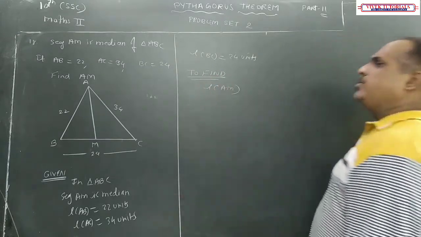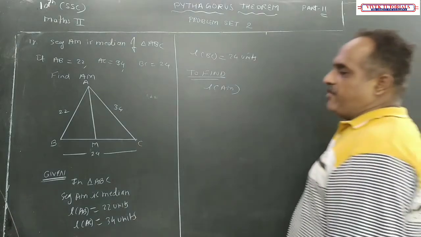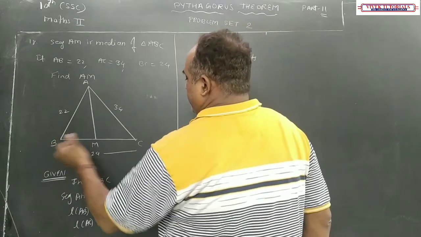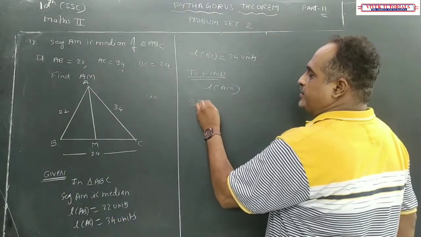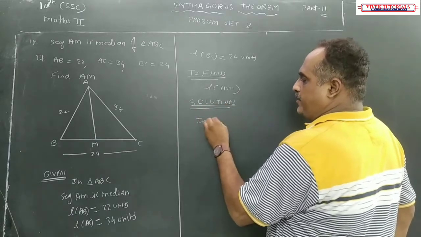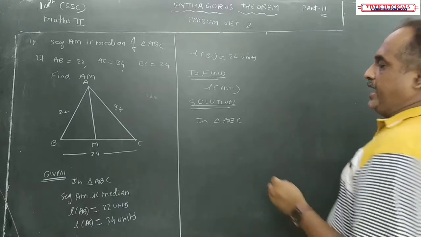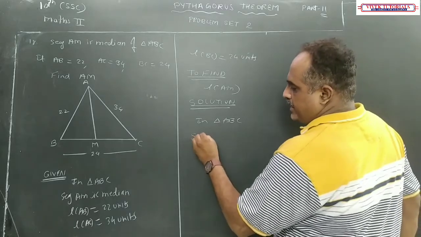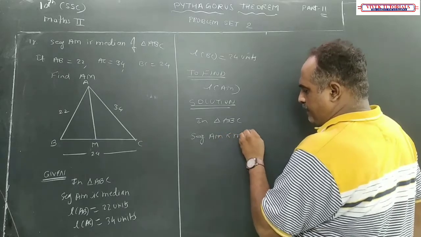Again, it is a median, so we are going to apply the Apollonius theorem. Simple, but while applying we require BM and they have given BC, so in the solution we will find that first. Solution: in triangle ABC, segment AM is median.